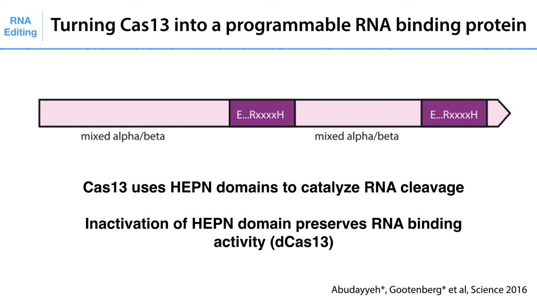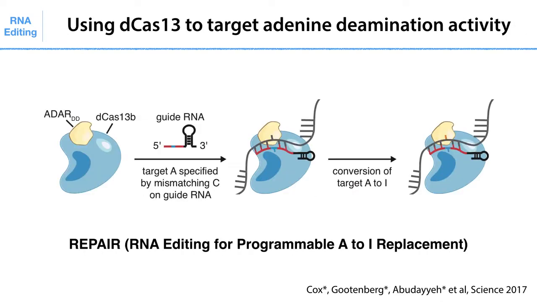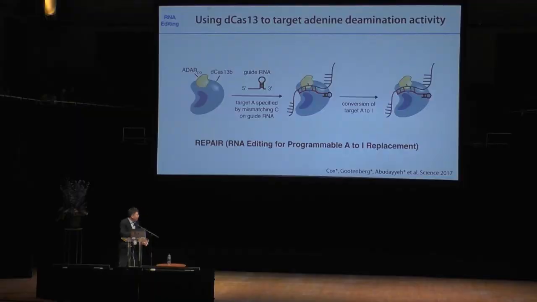And so when we do that, we can then attach onto this Cas13 molecule a subdomain that's belonging to an RNA editing enzyme called ADAR. ADAR converts adenosines into inosines, so that allows us to make changes at the RNA level that will affect single base changes.